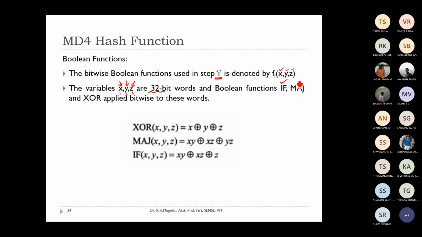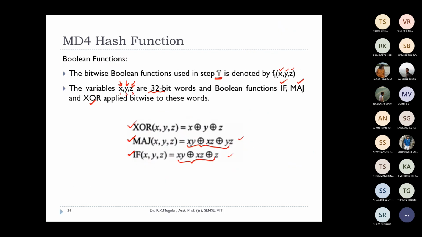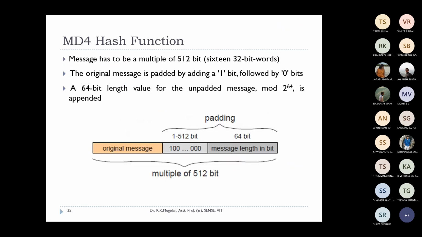One operation is the if operation, the majority operation, and the XOR operation. I hope everyone knows how the XOR operation works. This is the majority operation, and this is the if operation, represented with respect to the XOR function. Don't worry, I will teach you a simpler way to easily remember the majority and if functions while solving the example. As of now, we are just seeing the building blocks of MD4: how the input message looks, how register words undergo changes, and what Boolean functions are present here.